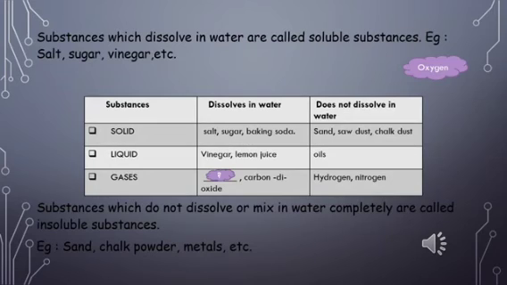You can also try dissolving materials or solids such as mustard seeds, turmeric powder, flattened rice, also called avalakki or poha, stone pieces, etc. You can note down your observation in a table.